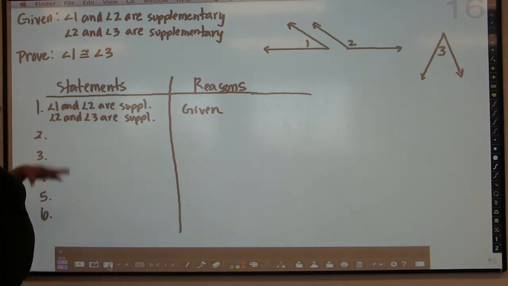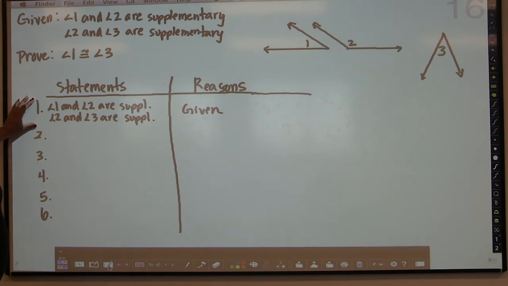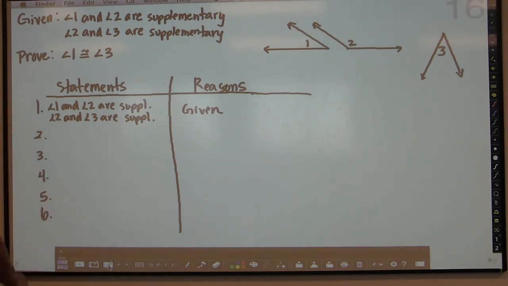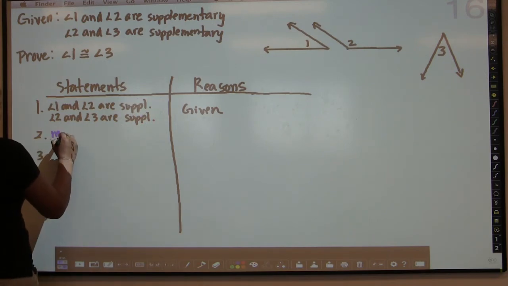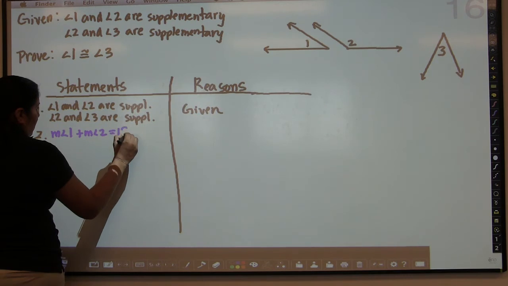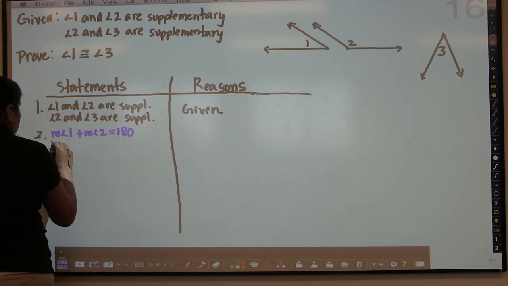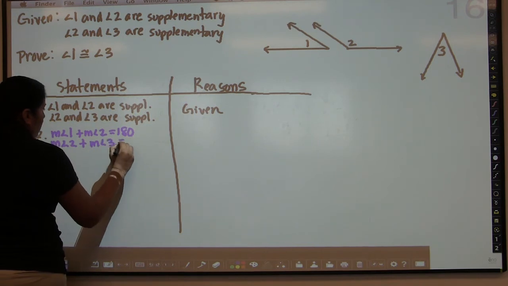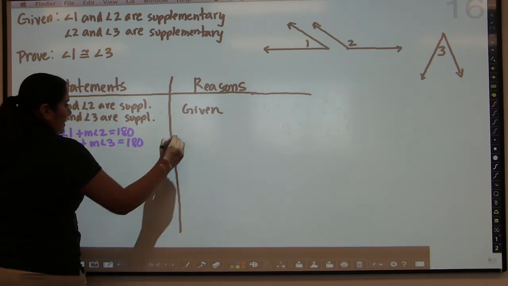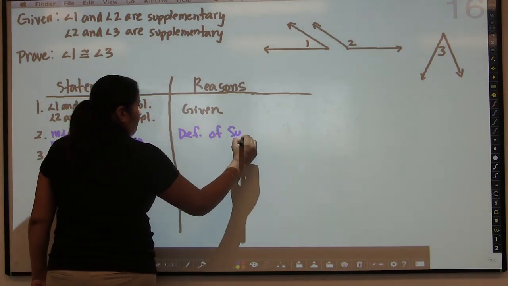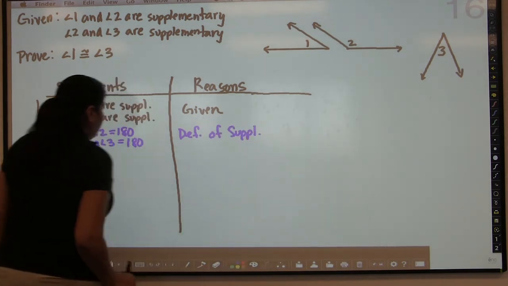Okay, so I started already with my given statement here. When two angles are supplementary, that means we can write that the measure of angle 1 plus the measure of angle 2 equals 180. And also, the measure of angle 2 plus the measure of angle 3 equals 180, by definition of supplementary. That's what it means to be supplementary.